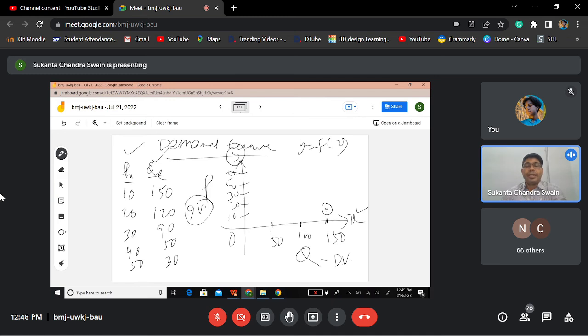Second is 20 and 120, somewhere here. Then 30 and 90, somewhere here it will be. 40 and 50. Then 50 and 30.